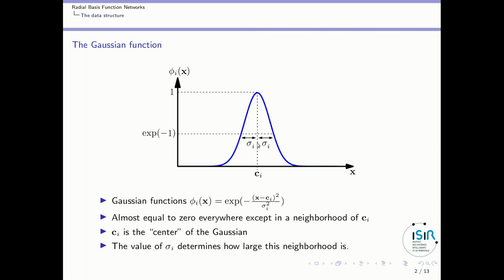More precisely, a Gaussian is almost equal to 0 everywhere except in the neighborhood of the center Ci. Ci is the center of the Gaussian, and the value of sigma determines how large this neighborhood is. That's very simple to use.